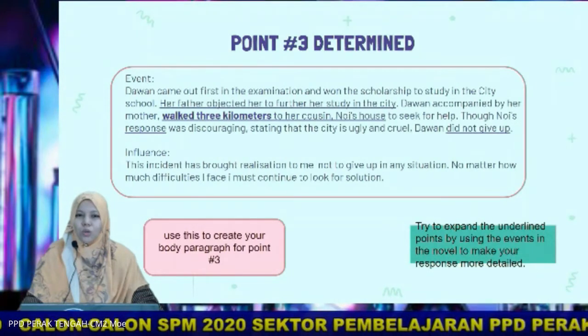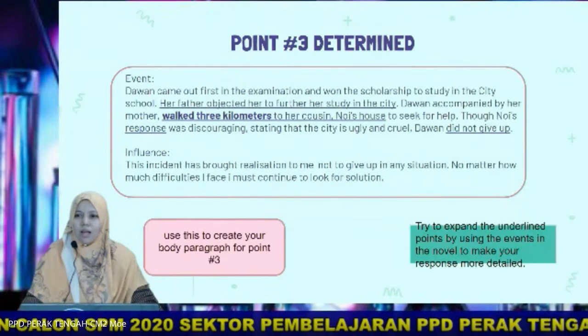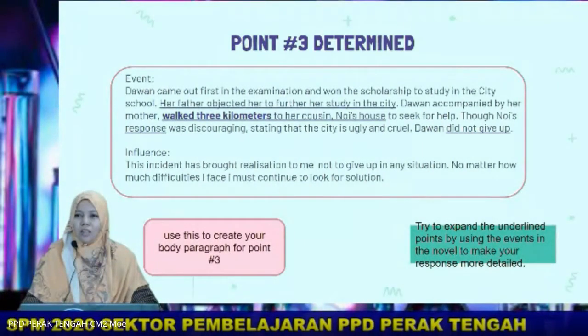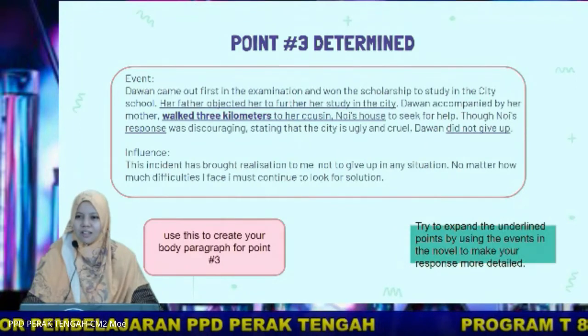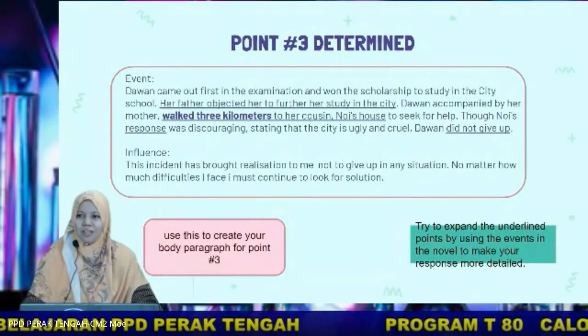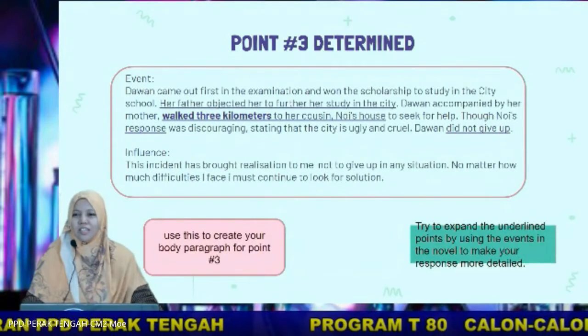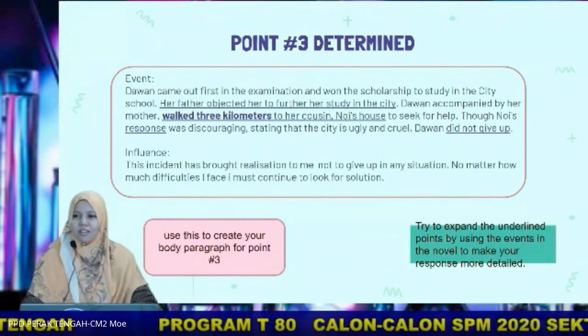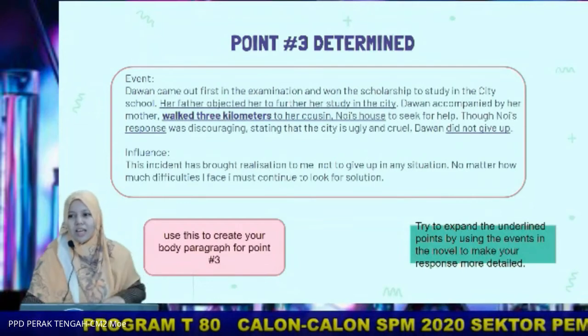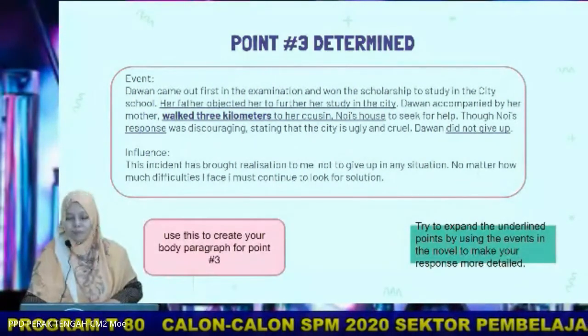I need to get one answer for this, then we can continue till the end because it's already 11:30. One answer for this. What evidence shows that Dawan did not give up?